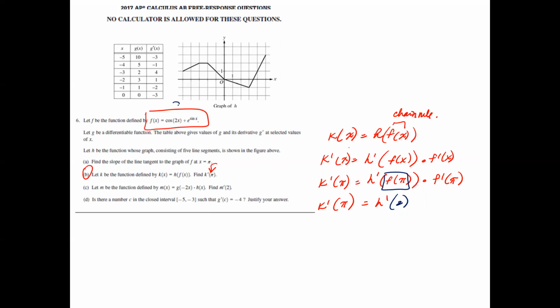And you can go ahead and plug that into the equation if you would like. So h prime of 2, which is going to be cosine 2 times 2 is 4, plus e to sine of 4, times f prime of pi.